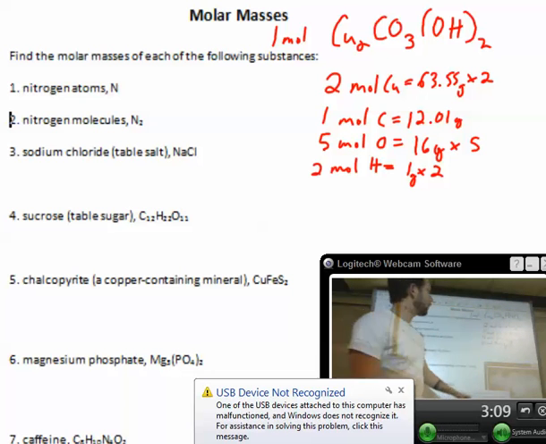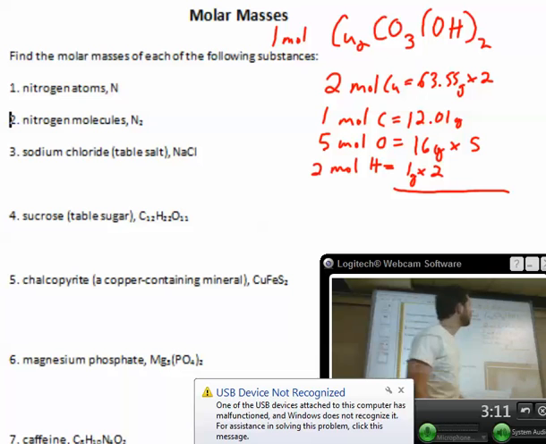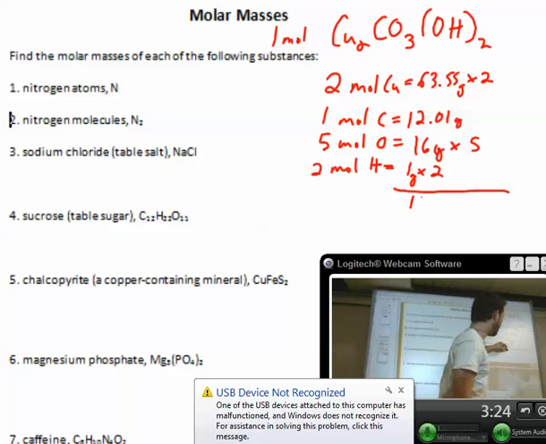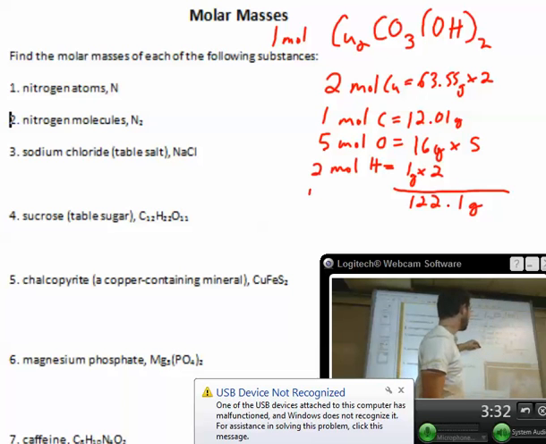When you add all of these up, if you multiply 63.55 times 2, 12.01, 16 times 5, and 1 times 2, you should get 122.1 grams.